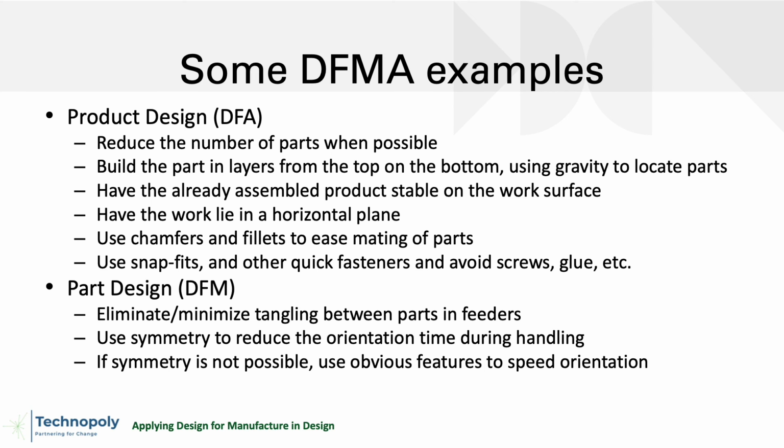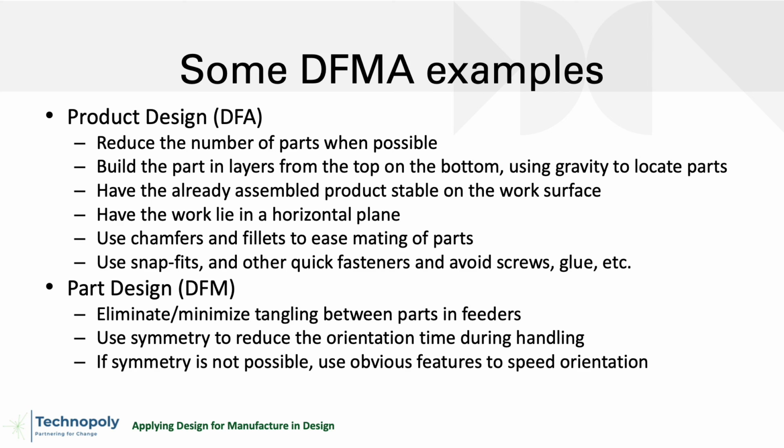For the part design, which is the manufacturability, you can look at minimizing the tangling between parts in the feeders, and how the parts would easily be put together in your processes. You can use a symmetry guide to reduce the orientation time during handling, which means that by putting the part, it fits in exactly. Just like a SIM card when you put it in a phone.